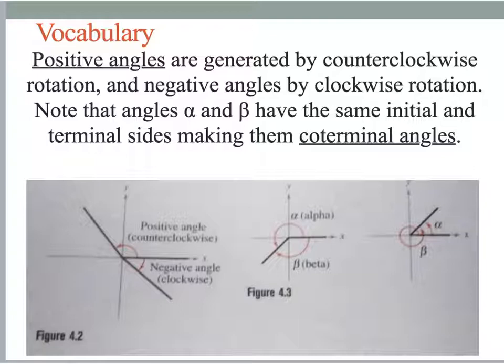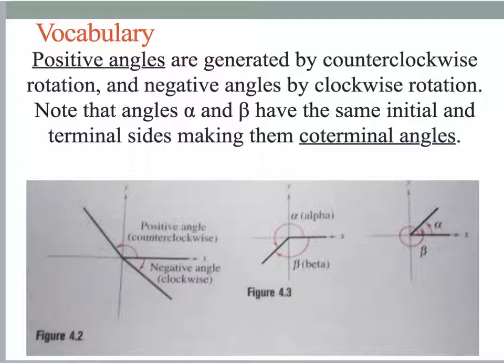If you look at figure 4.3, angle alpha and angle beta start and end in the same spot. However, alpha is some positive angle and beta is some negative angle. Because they end in the exact same spot, they're considered coterminal.